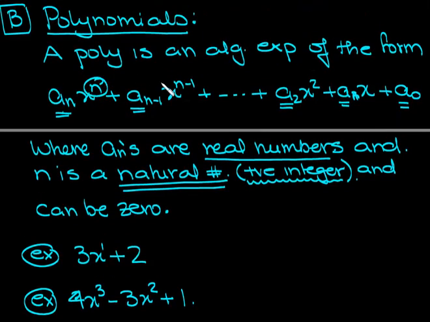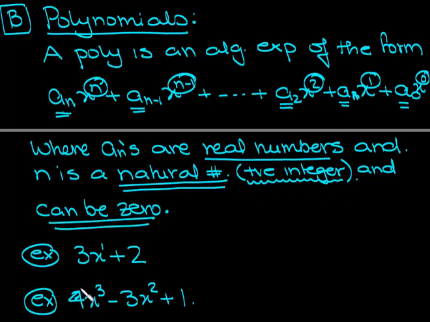This exponent can be 0 or has to be a positive whole number. That's the only requirement here, x to the 0, so it's 0. So the only requirement for an algebraic expression to be a polynomial is that the power has to be a positive integer or 0. Oops, I shouldn't put "and" here, it should be "or".